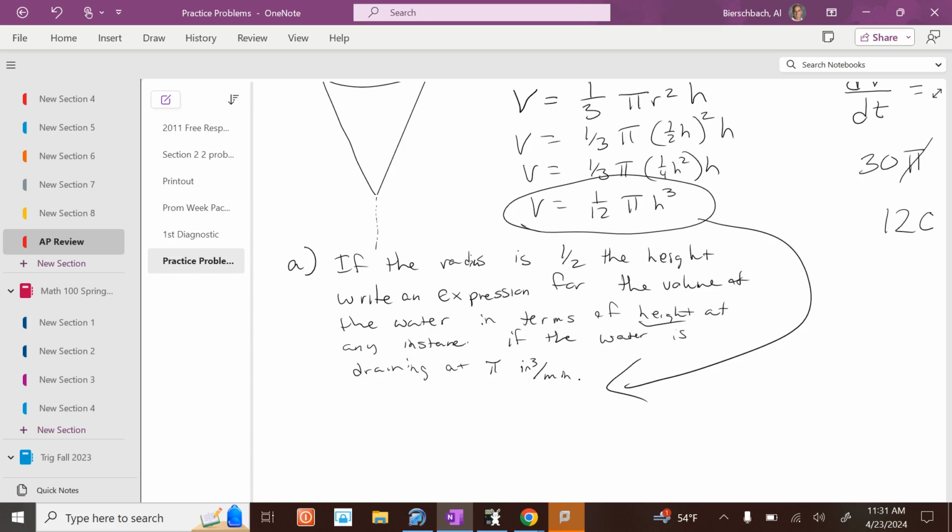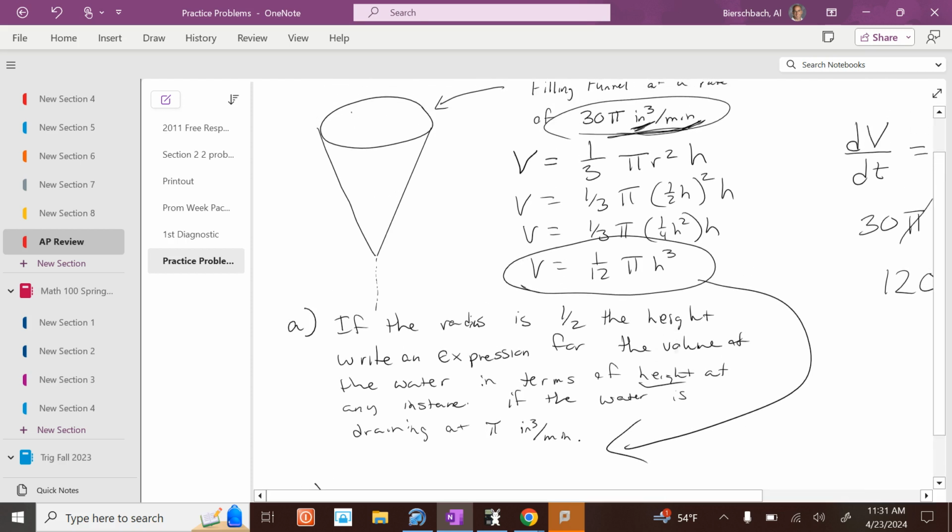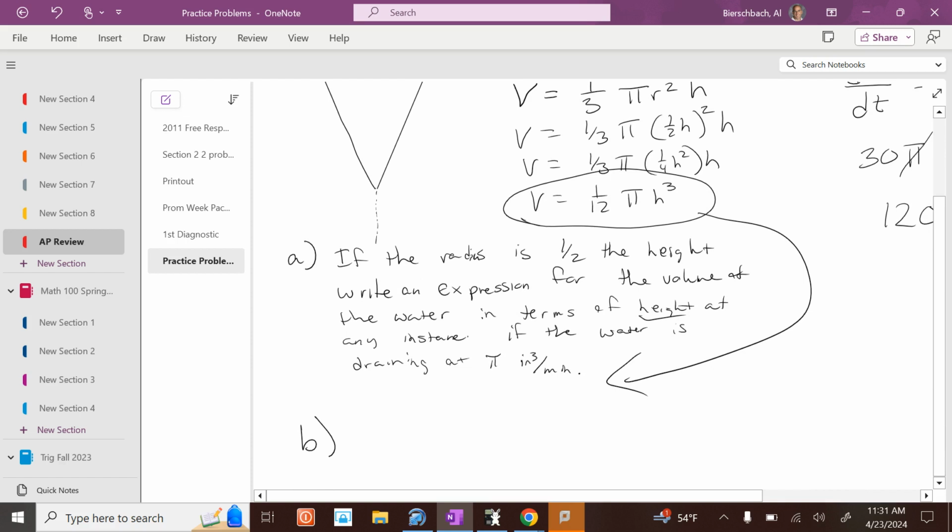Now B might say, we aren't worried about the draining yet. Don't worry about that yet. Because it's the volume of the height, and we'll get to that later in the problem.